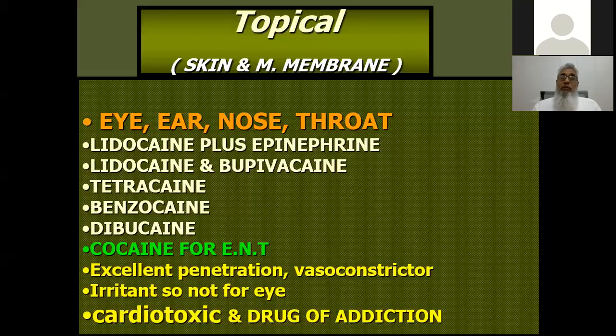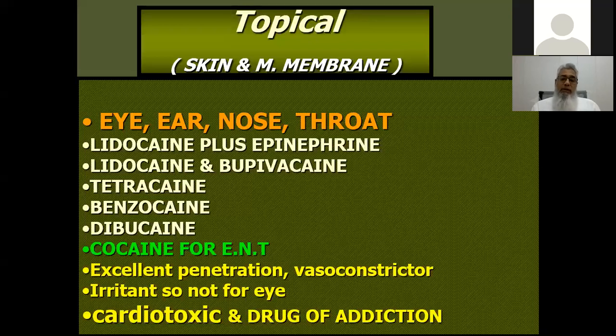And cocaine was the first local anesthetic which was used by an ophthalmologist for an eye surgery in 1884. This was the first local anesthetic ever used for a surgical procedure. For the nose, cocaine and procaine can be used because cocaine is a local vasoconstrictor. So it is very effective for nasal surgery because the nose has a good blood supply.